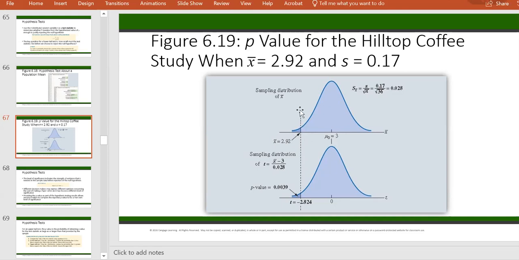All right. So for this, we're going to convert the sample mean and find the test statistic, which is X bar minus the hypothesized value divided by the standard error. And this new random variable, the test statistic, will now have a T distribution with n minus 1 degrees of freedom, all right?